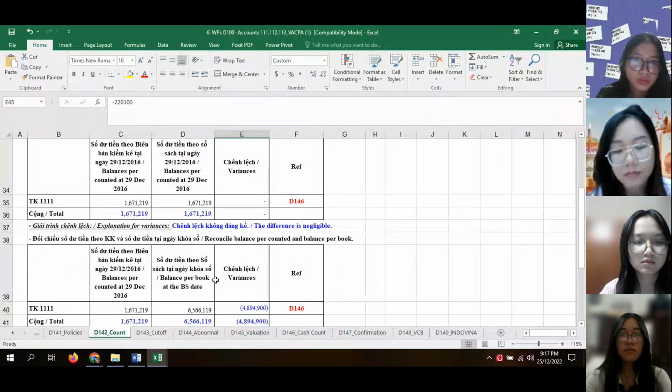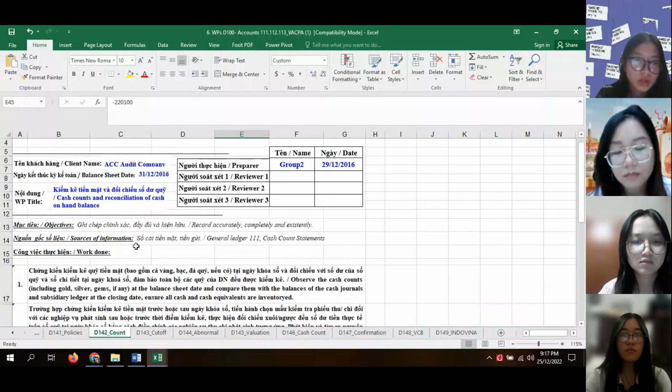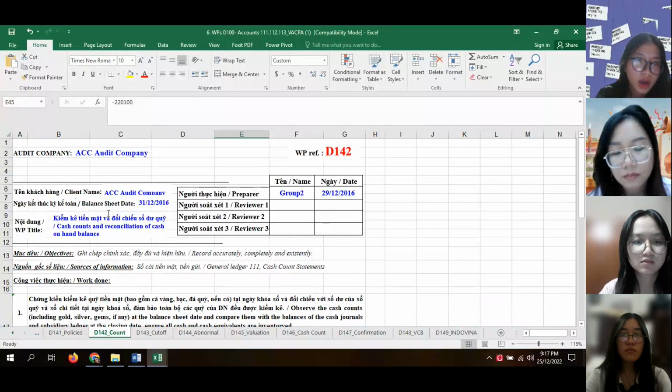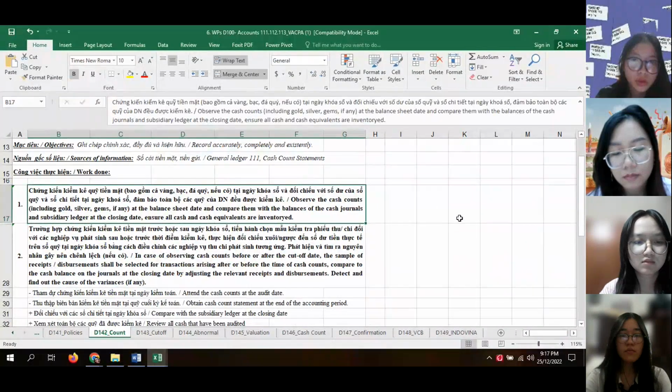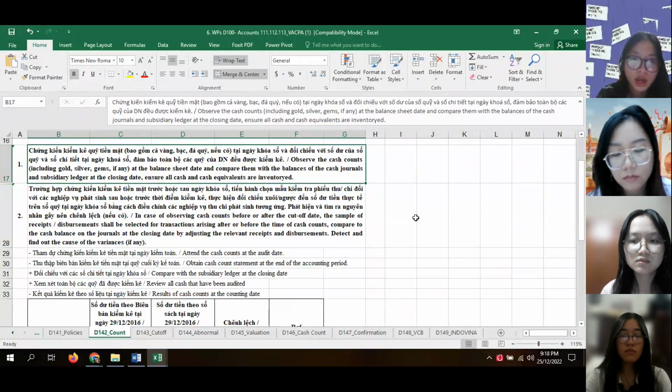Yeah, for this, cash count and reconciliation of cash on hand balance. To do this, we will observe the cash count, including gold, silver, gems, if any, at the balance sheet day, and compare them with the balance of the cash journal and subsidiary ledger at the closing day, and so on for cash and cash equivalents and inventories.